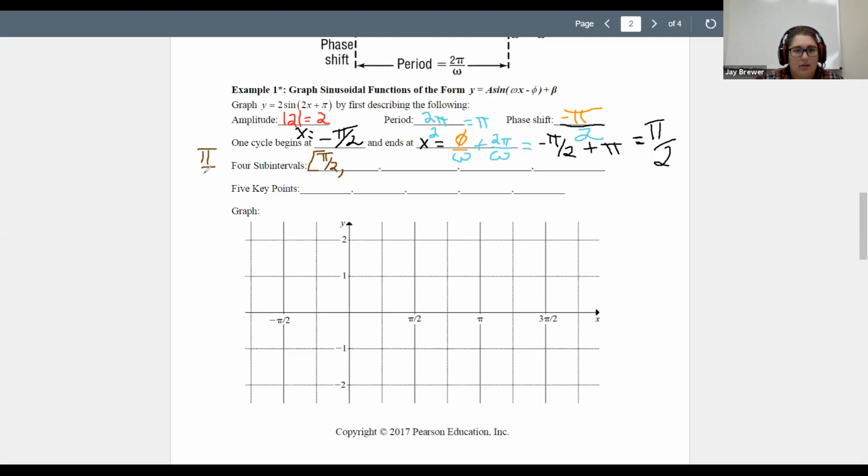What would you guys get? So essentially, what's negative pi over 2 plus pi over 4? What's that going to get you? Negative pi over 4.